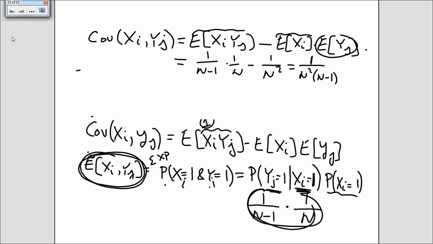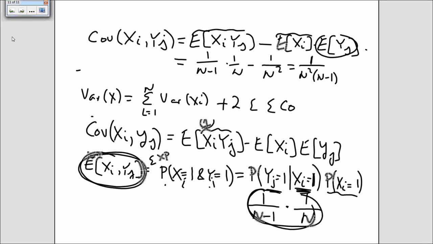So now, we know that the variance of x is equal to that formula on the very bottom that I erased. The variance of x is the summation of the variance of xi, as i goes from 1 to n, plus 2 times the double summation of the covariance of xi, yj.